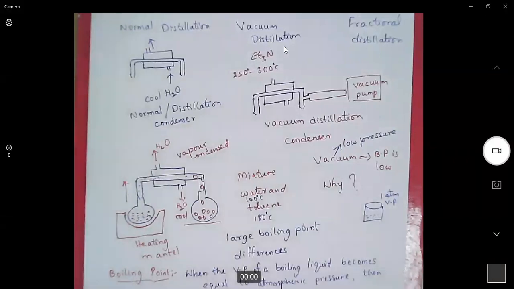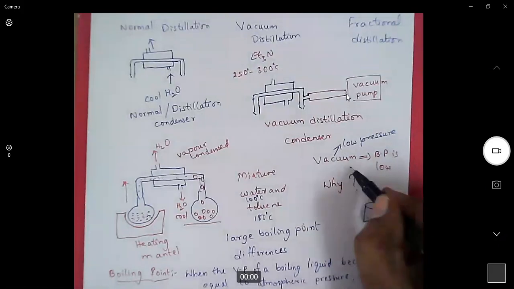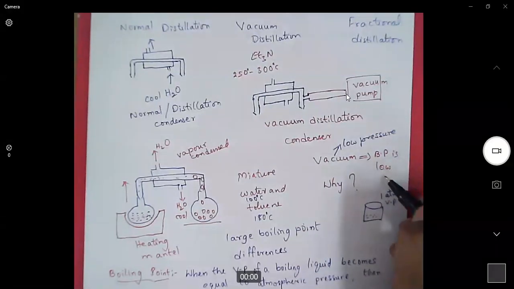That is why a liquid will boil at a very low temperature under vacuum compared to normal. When we apply vacuum, the boiling point will decrease.